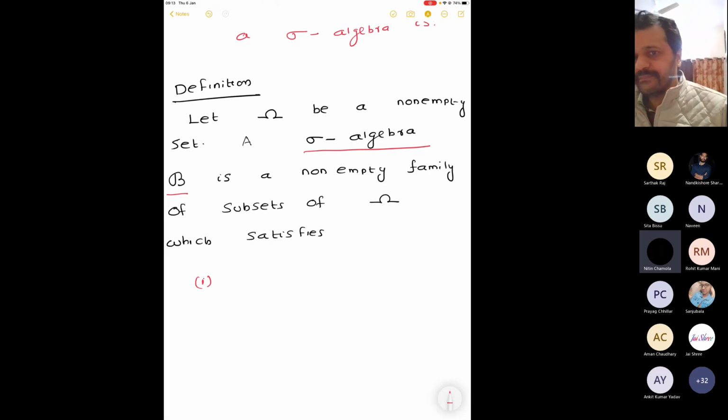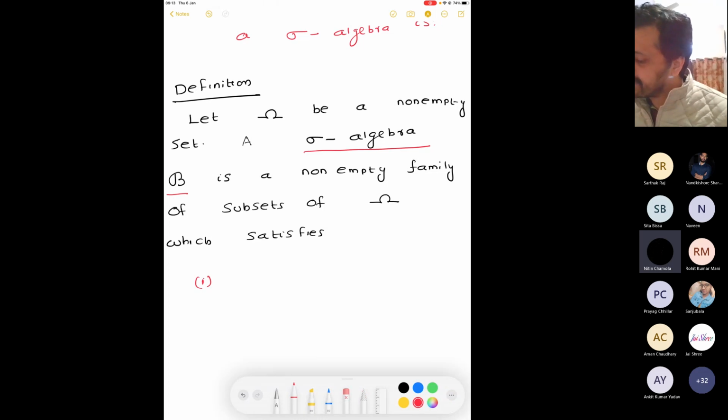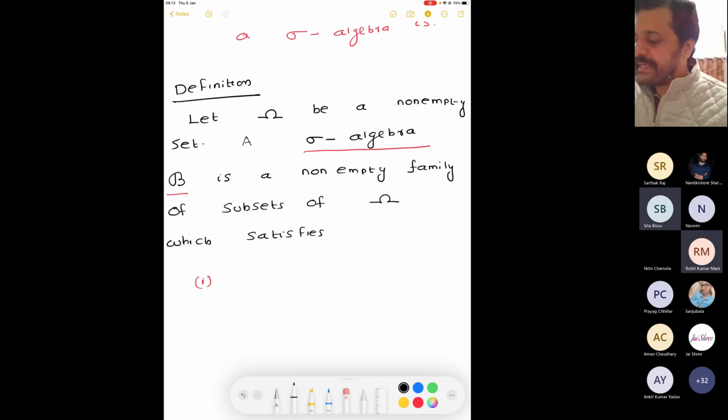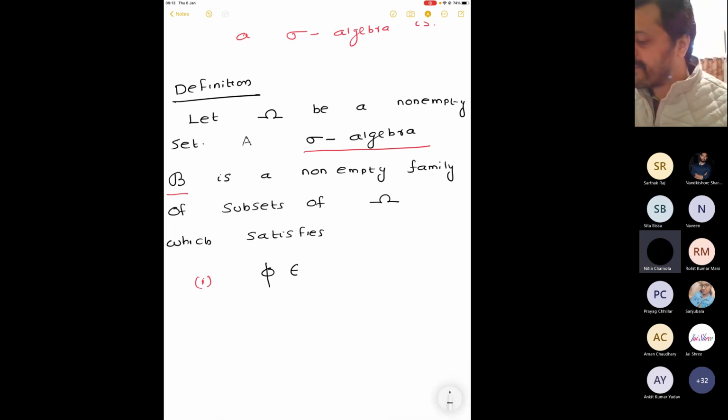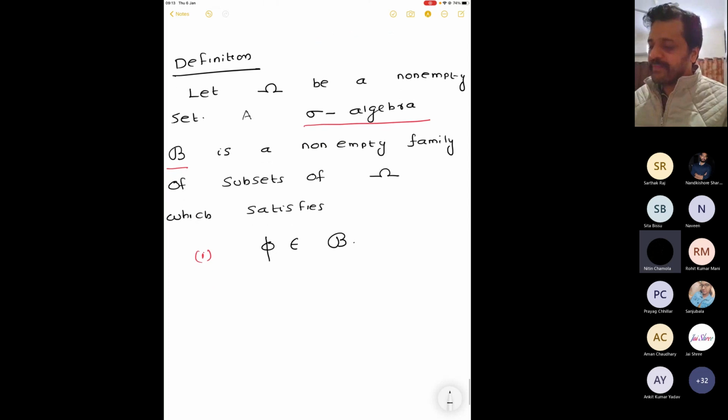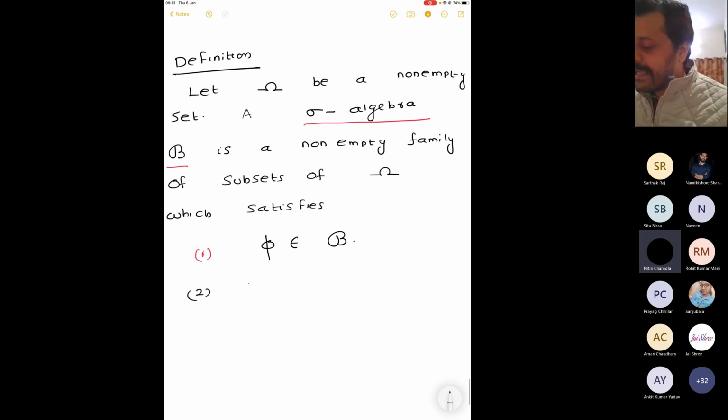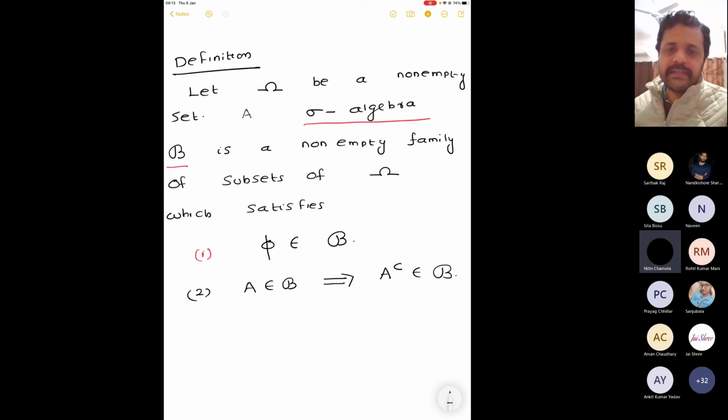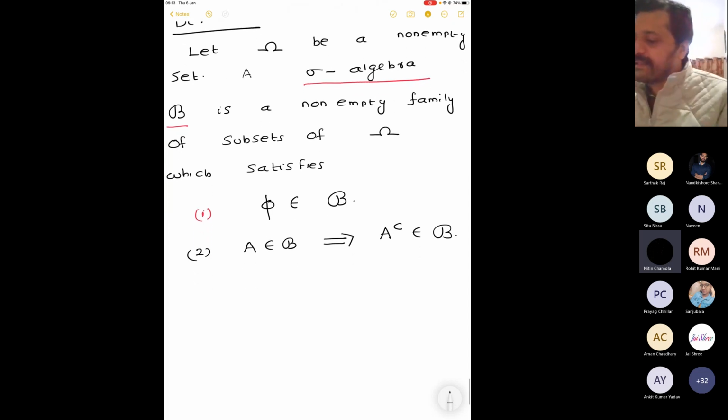So if I want to measure it, the null set should be in the sigma algebra B. That is the first condition that I impose: the null set is in B. Second, if A is in B, that should imply its complement is in B, so that I can talk about the difference. Once I have difference, I can talk about mu of the smaller set being less than or equal to mu of the larger set, and so on.